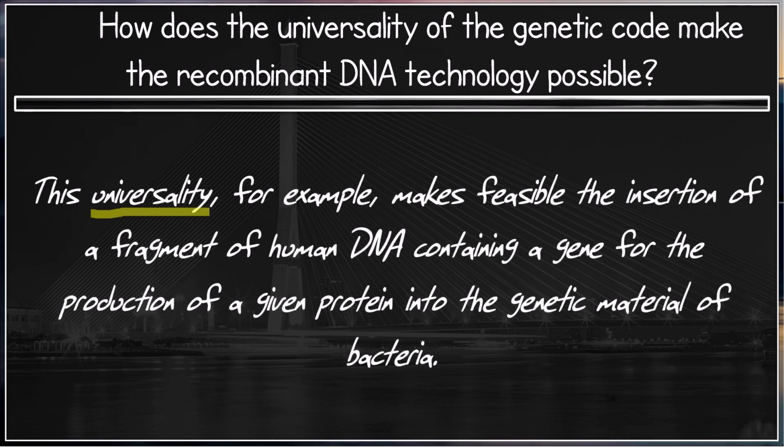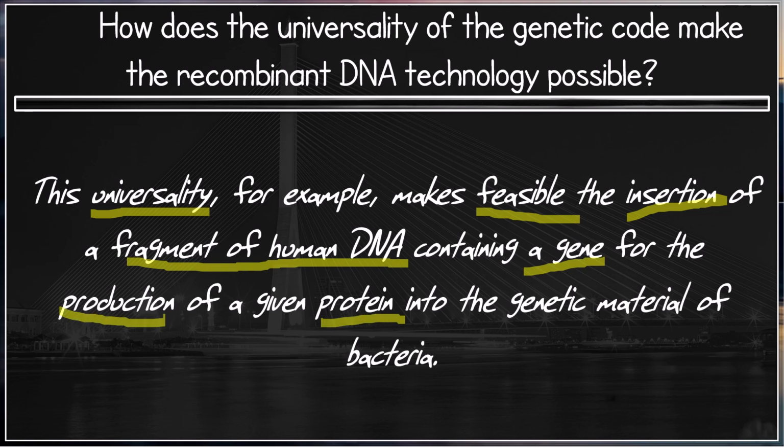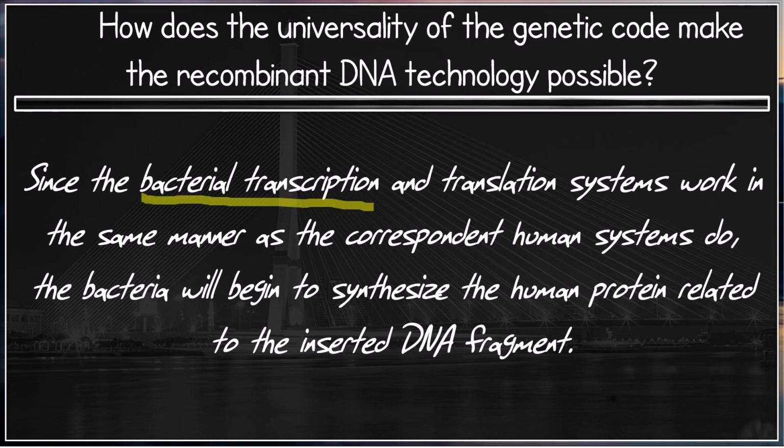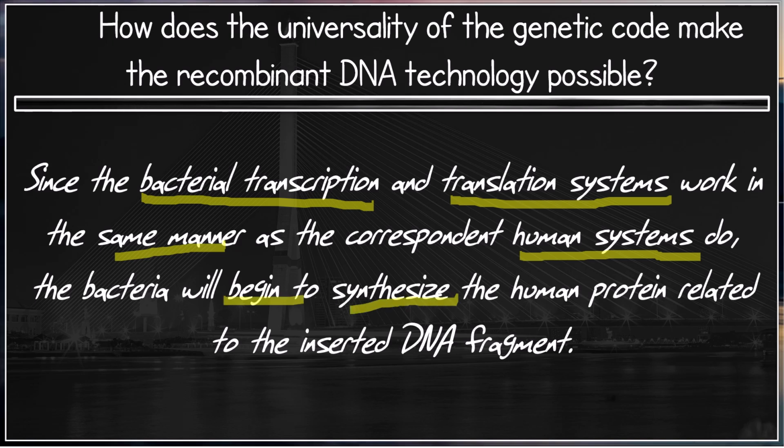This universality, for example, makes feasible the insertion of a fragment of human DNA containing a gene for the production of a given protein into the genetic material of bacteria. Since the bacterial transcription and translation system works in the same manner as the corresponding human system, the bacteria will begin to synthesize the human protein related to the inserted DNA fragment.